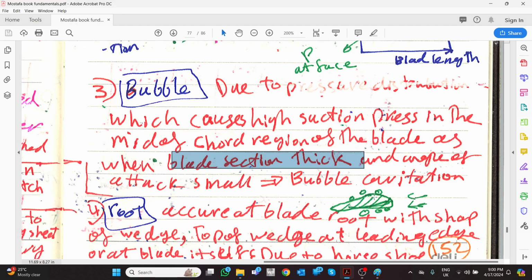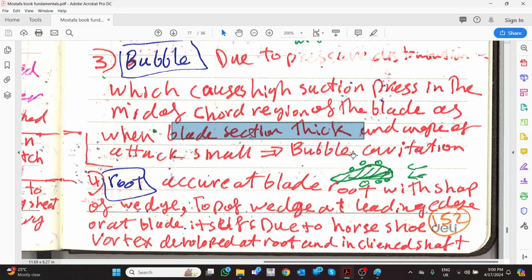If the pressure is less than the cavitation pressure, it will create bubbles based on the pressure distribution, according to the shape of the airfoil. This is a bubble.